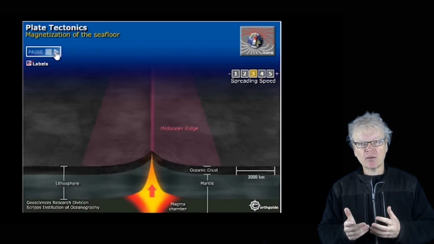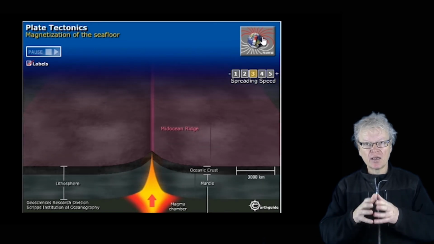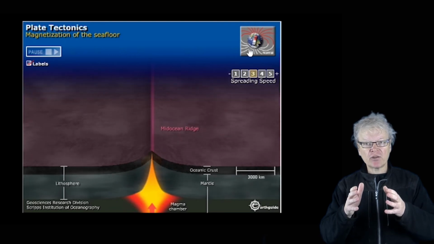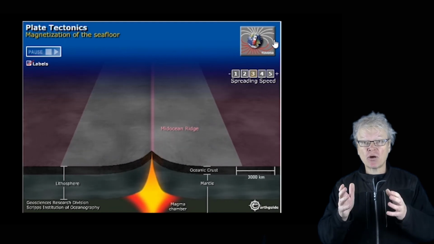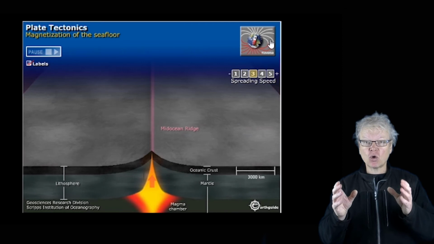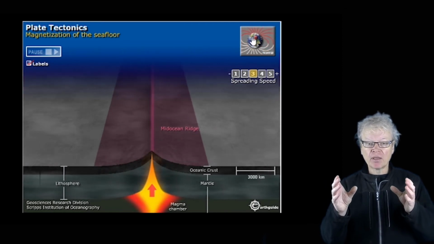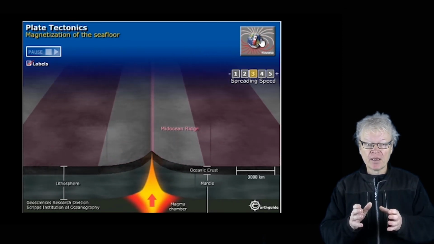So let's run this animation, and you can see that the rocks are being produced and the iron minerals are pointing in one direction. Now let's flip the polarity, and we've flipped it, and now it's pointing a different direction. But the same polarity is being recorded in those rocks as it moves away from that boundary.